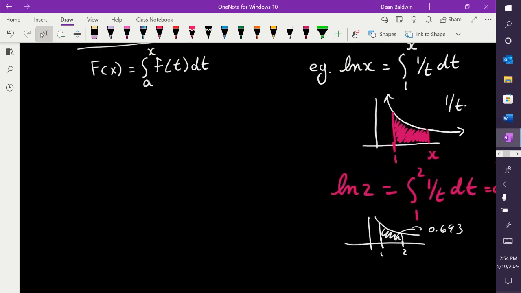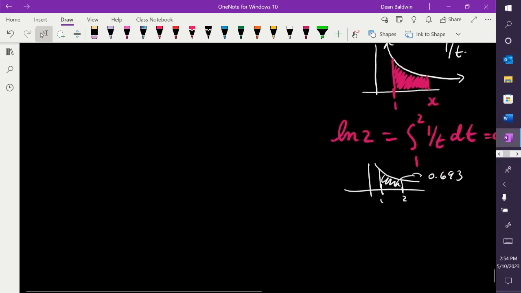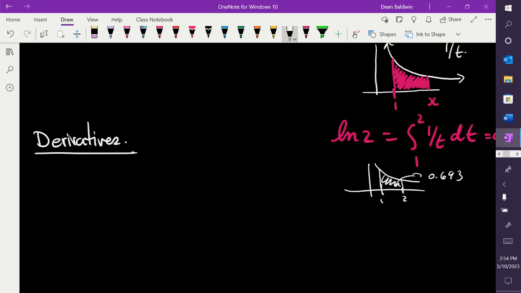So if we have the second fundamental theorem, I understand it can kind of confuse people. So we say f of x is equal to the integral from 0 to x of cosine t dt. That's our function.